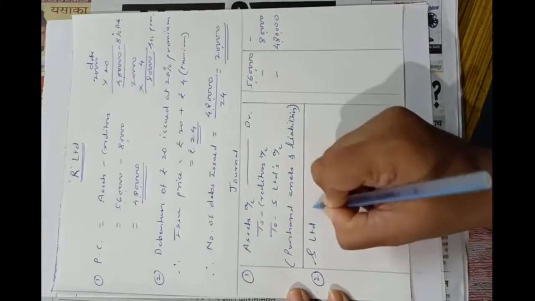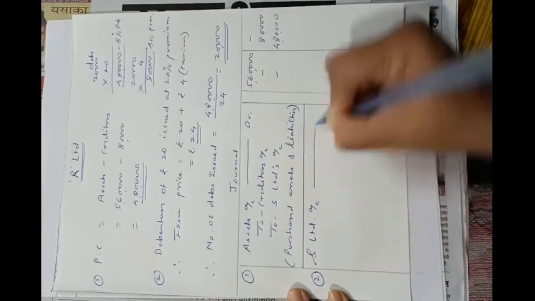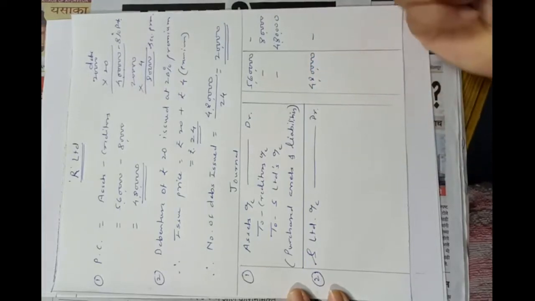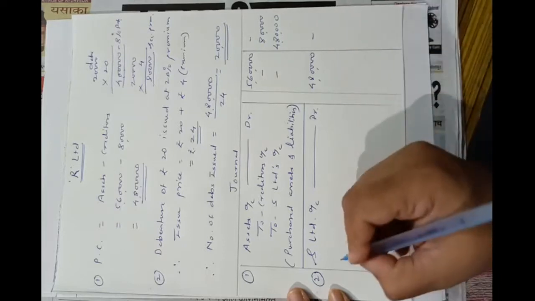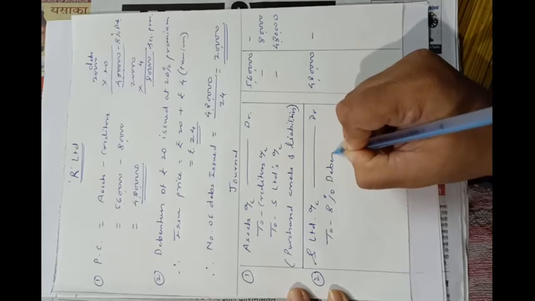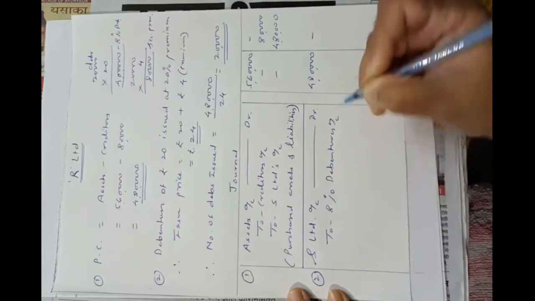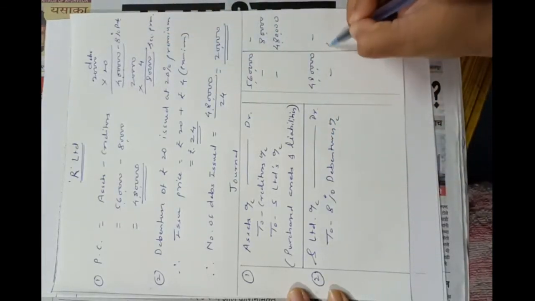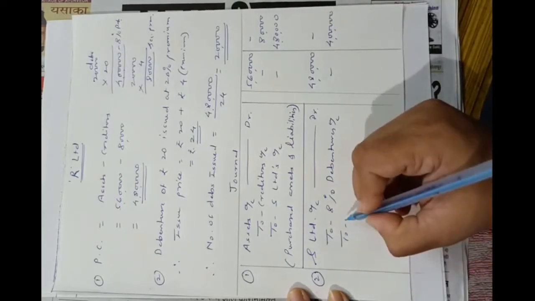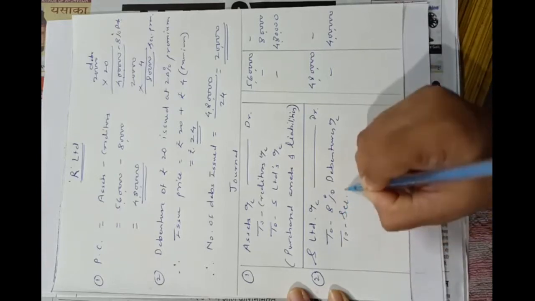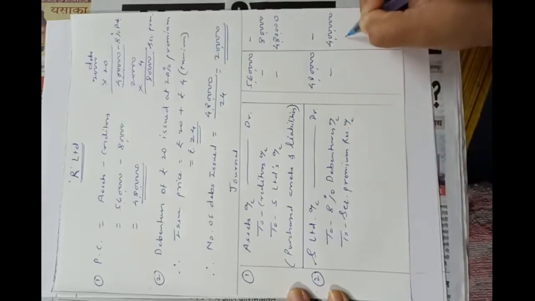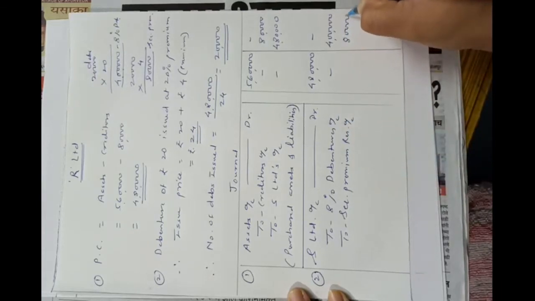S Limited's account debit, we are paying them 4,80,000. R Limited is paying them 4,80,000 to 8% debentures account. As per this calculation, amount will be 4 lakh. This is the original amount. To securities premium reserve account, amount will be 80,000.